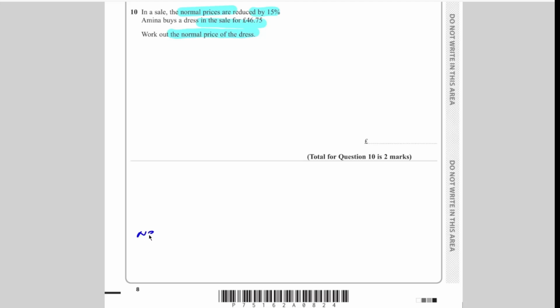New value equals P, which is the old value, normal price, principal value. Anything like that is known as P. Remember this one as original value or old value, times 1 plus or minus R over 100. R means the percentage.